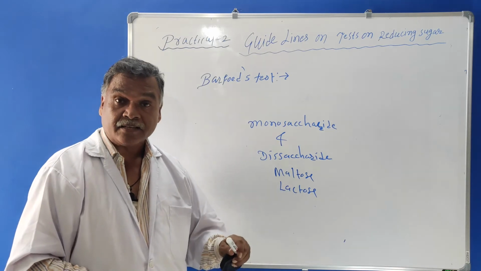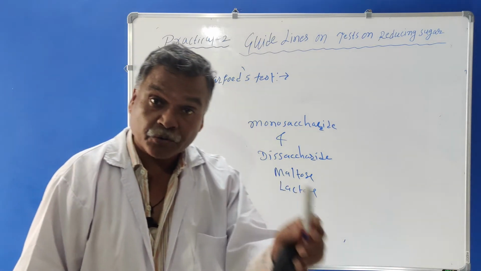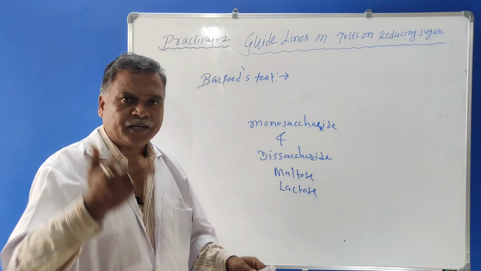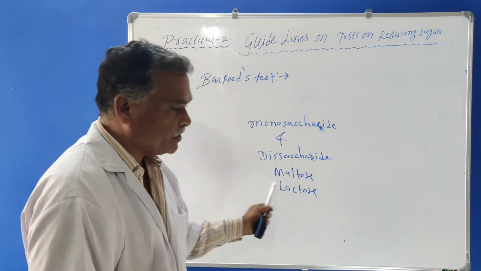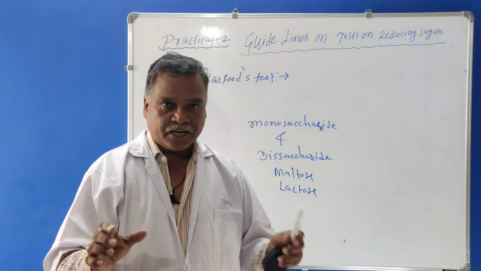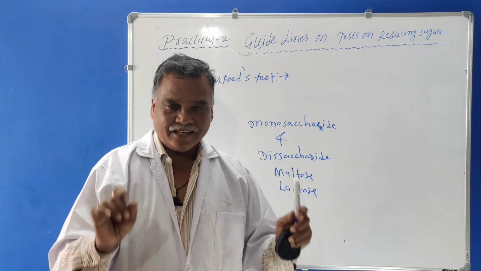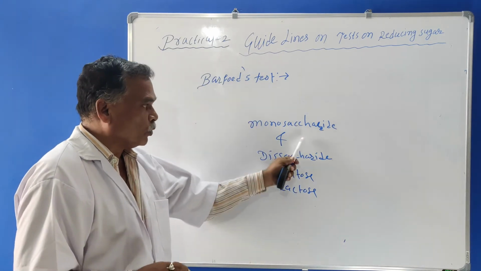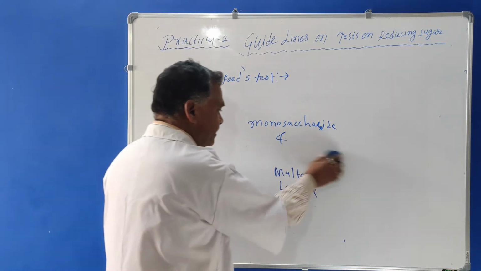Disaccharide requires 15 to 20 minutes for hydrolysis, but monosaccharide requires just 2 minutes. So this is the difference. The Barfoed test is done only to see the reducing sugar monosaccharide.